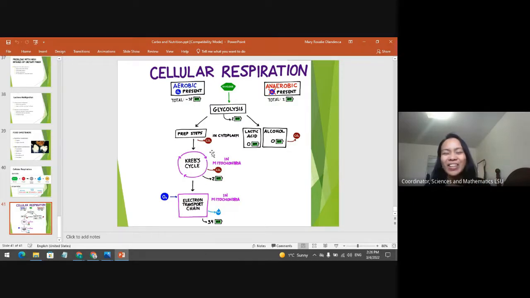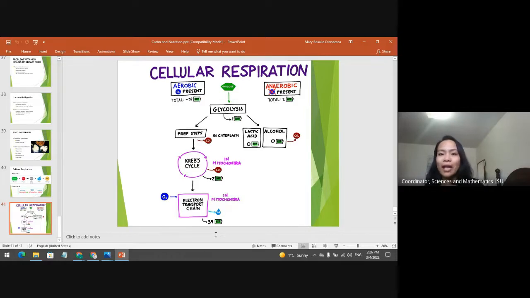First glycolysis, and then it will undergo preparatory steps wherein the glucose molecule will turn into pyruvate, and then it will enter the Krebs cycle, and after the Krebs cycle, the electron transport chain, wherein there will be a total of 34 ATPs.